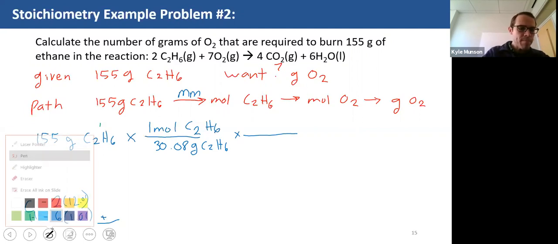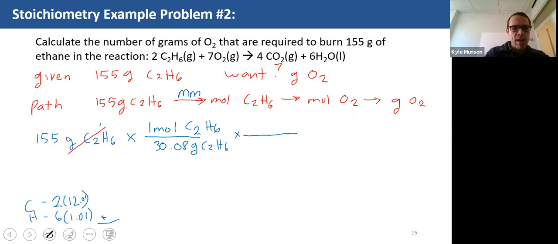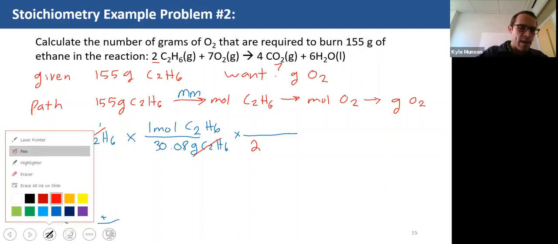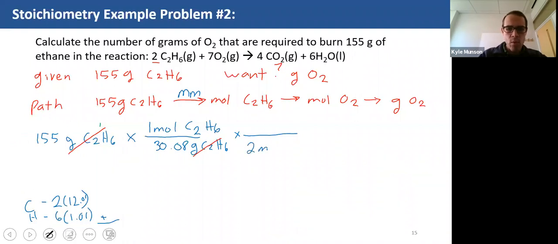Looking at our units, grams of ethane cancel with grams of ethane. Now I'm at moles of ethane. To convert from moles of ethane to moles of oxygen, I use the molar ratio given from the chemical equation shown up top. There are 2 moles of ethane for 7 moles of oxygen.